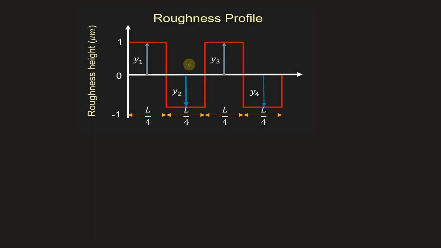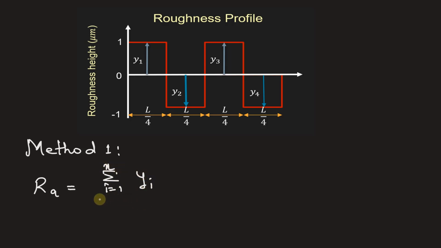Now let's solve for the center line average of this given profile using both formulas that we just saw. Using method 1, the formula that we saw is Ra equal to the summation of i equal to 1 to n of yi divided by n. In this problem, you see that the value of y is fixed: y1, y2, y3 and y4.